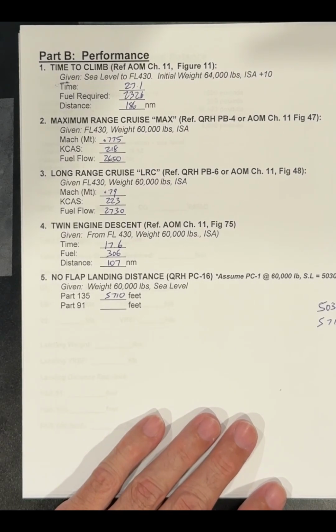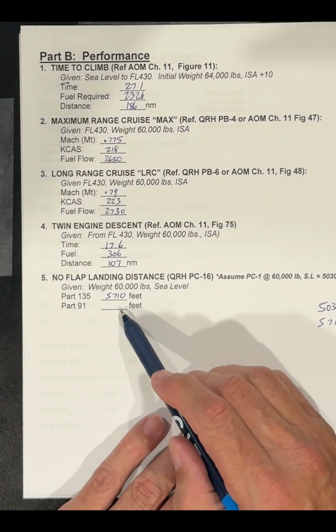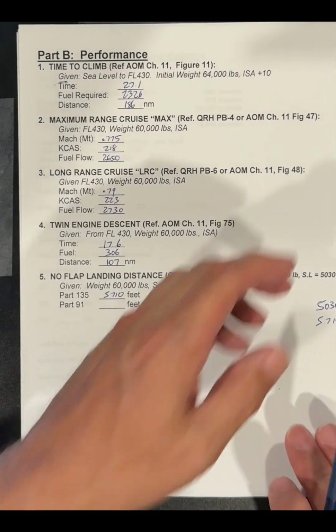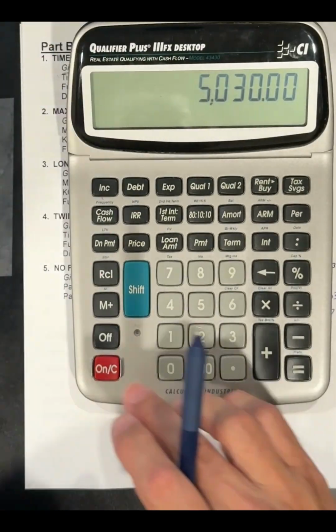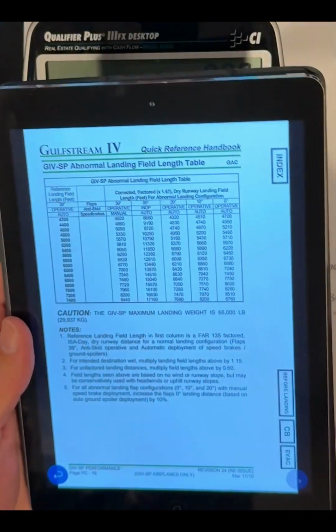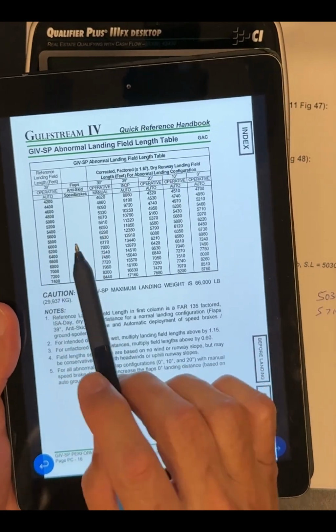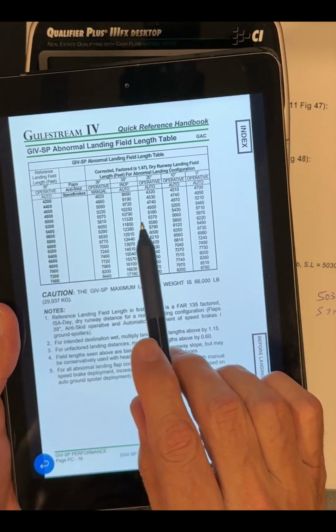What's the 91 number? Remember what I said earlier. You need to take the factored number and multiply it by 60%, correct? So here's where your calculator is going to come into play. What's that factored number? 5,000 is what we originally came up with for normal, but we need to do 0 flaps.